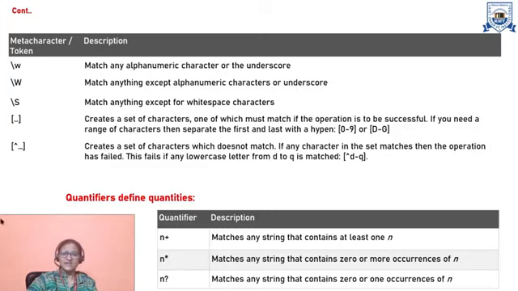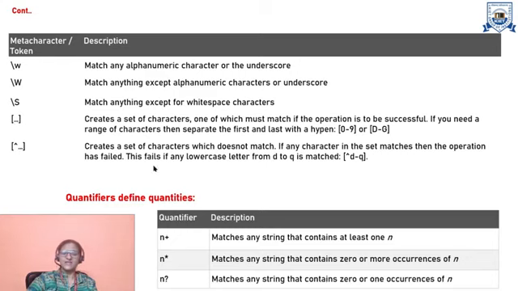In this case, it creates a set of characters which does not match. It is for not. If any character in the set matches, then the operation has failed. So this is just opposite to the previous one.